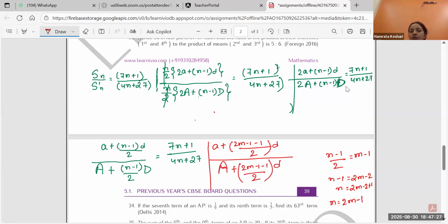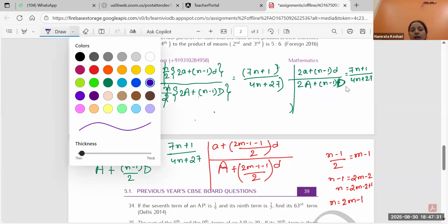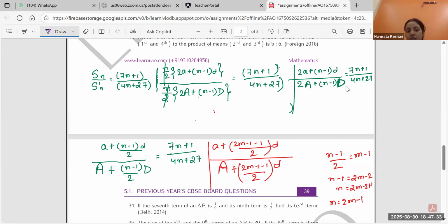And the same n we will be substituting on the other side as well, so that our mth term ratio will be in terms of m. Okay, so on the other side also we will put n as 2m minus 1. We'll be having 7, and here 2m minus 1 plus 1 over 4 times (2m minus 1) plus 27.